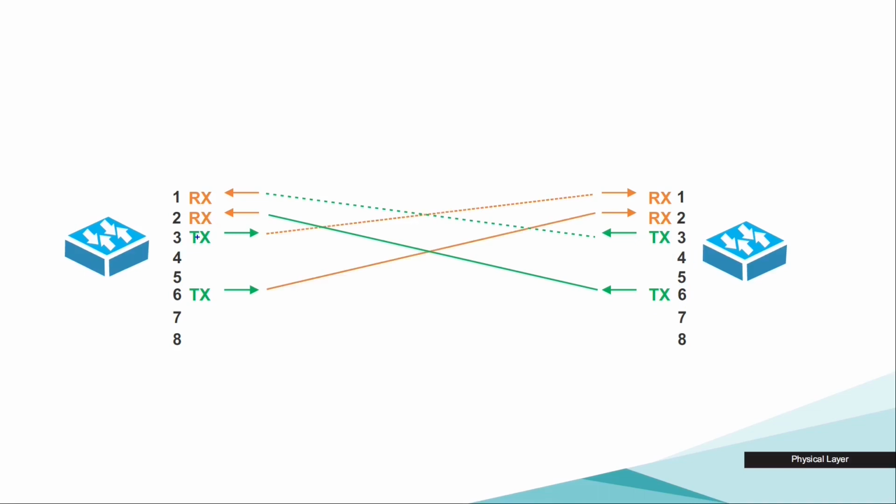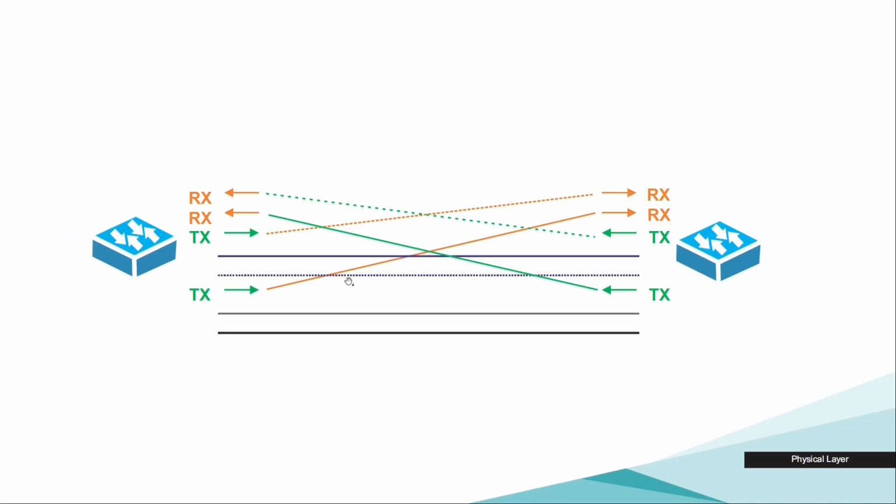We will connect 3 and 6 here to 1 and 2 on this side. As you can see in our example, this switch is transmitting data on 3 and 6, and this switch is receiving data on 1 and 2. So the crossover will work properly here in our example, and the rest of the wires will be connected as a straight through. So 4 to 4, 5 to 5, 7 to 7, 8 to 8.